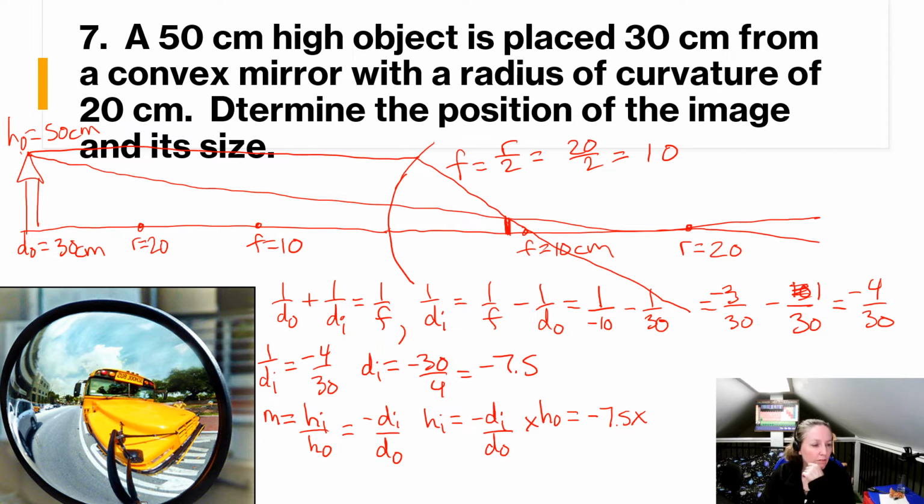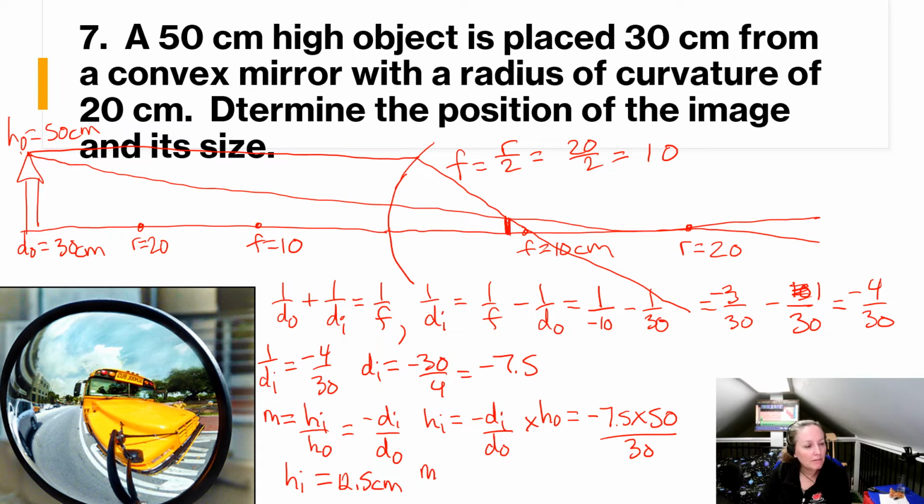What was the height? 50. And then that is divided by the distance of the object. And if you do the math, you're going to get your height of the image, which I think I calculated already. Yeah, I came up with 12.5 centimeters. You can punch it into your calculator, see if I got it right. I don't always get it right.